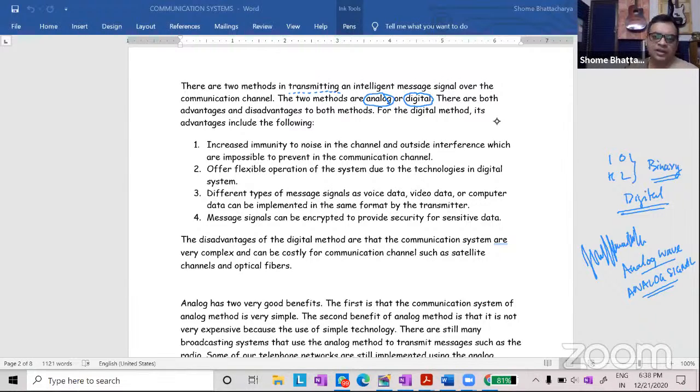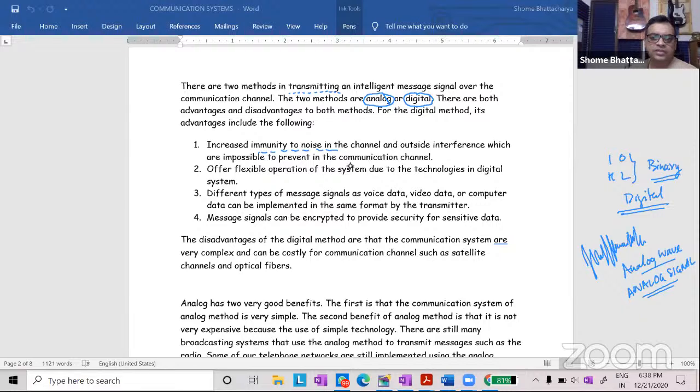There are some advantages and disadvantages that I've listed out for you for digital versus analog. The advantages include the fact that because the information is in digital form, it is easier to design a system which is immune to noise, because we can encode the data in such a way that noise can easily be removed from the receiver's end.